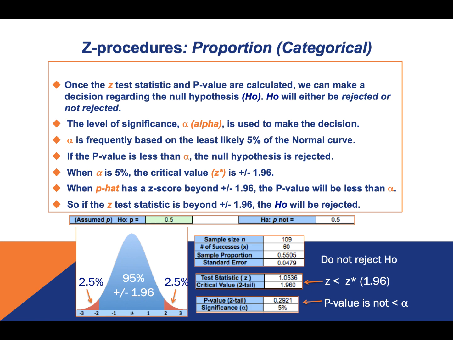Since we're working with the most extreme 5% of our normal curve, a critical point on that normal curve is plus or minus 1.96. When our sample statistic, such as p-hat, has a z-score beyond 1.96, the p-value must be less than alpha. So if the z-test statistic is beyond 1.96, we always reject the null.